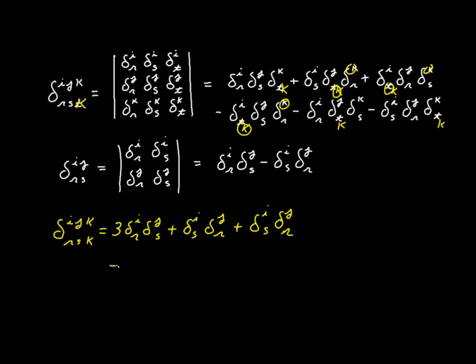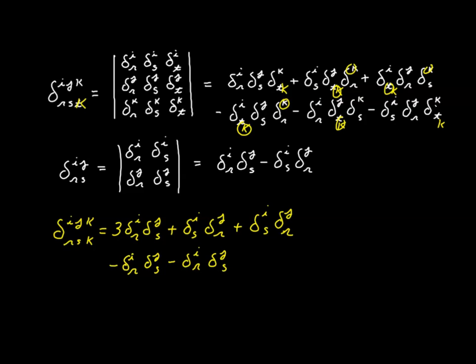That's going to be negative delta ir. And the other factor is delta js. And this term, this contracts, gives us a negative delta ir delta js.